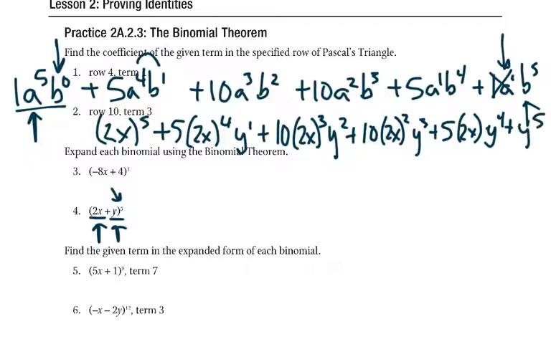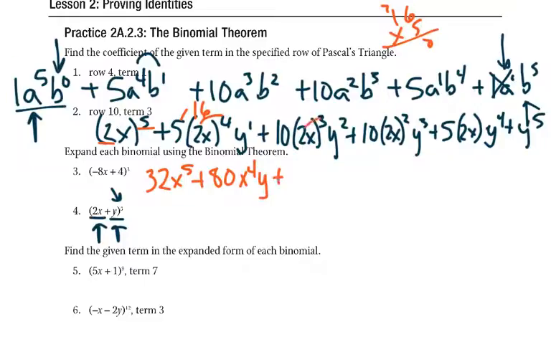Alright, now we simplify. So 2 to the 5th, I believe that's 32. 2 to the 3rd would be 8 times 2 is 16 times 2, yeah. So that'd be 32 x to the 5th plus 2 to the 4th would be 16. 5 times 16 would give us 80, right? 80 x to the 4th, y, plus, that would give us 8. 2 cubed is 8. 8 times 10 would give us 80 again.